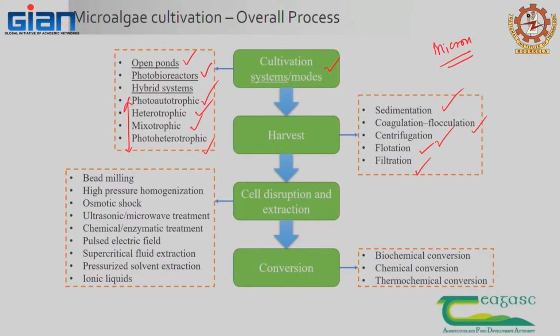And if you are focusing on extraction, either you mill it or use a number of different technologies, which we will cover in coming lectures. Different technologies can be used for extraction purposes, or you convert these biomasses by using biochemical, chemical or thermochemical processes.